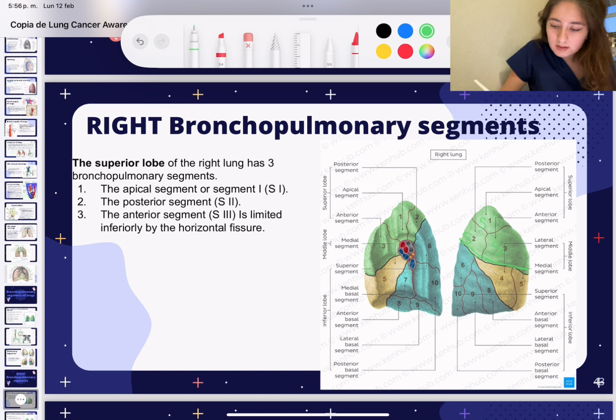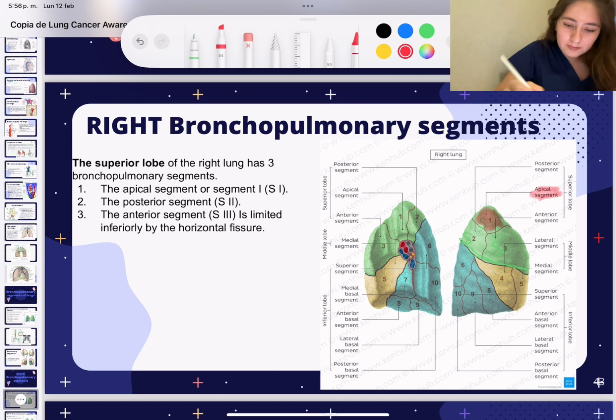Apical segment, posterior segment, apical because it's the most superior part.